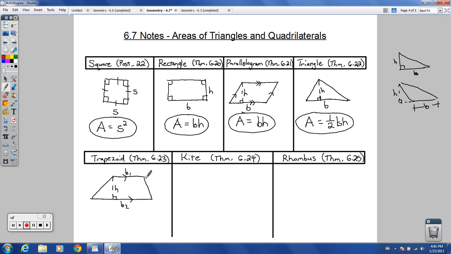If you were to take this and go halfway in between there, and take this and go halfway in between there, and you were to take this triangle right here and put it in right there, and that triangle in and put it in right there, you would have this rectangle right here. And the rectangle would be the length of the base. The height would still be the same, but the length of the base would be the average of these two bases.